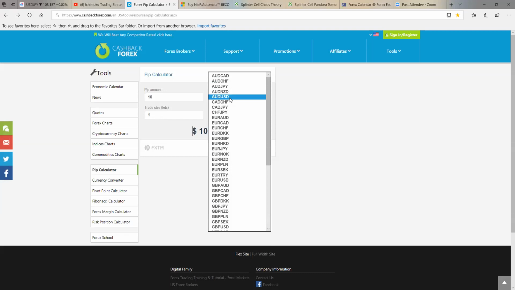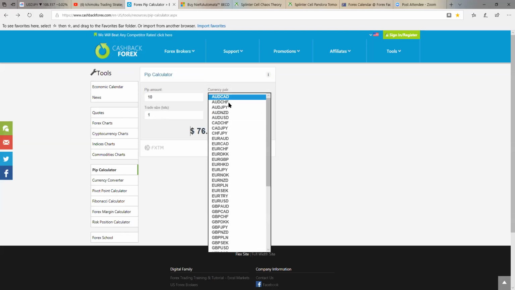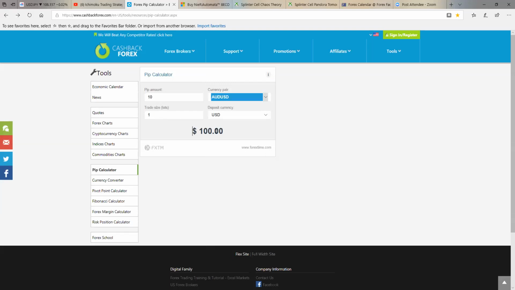Okay. So again, Audi CAD, you only get about $761 if it goes 10 points in your favor at $10 a point, or a full $10 a point when it goes 10 points in your favor. Now you got your $1,000.